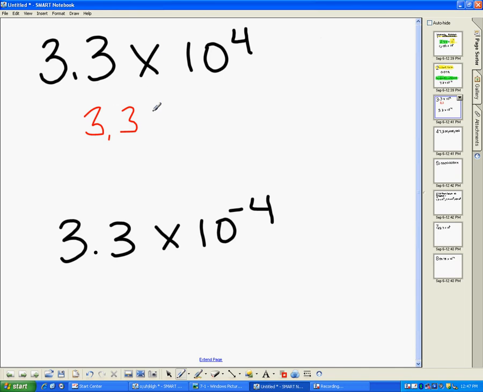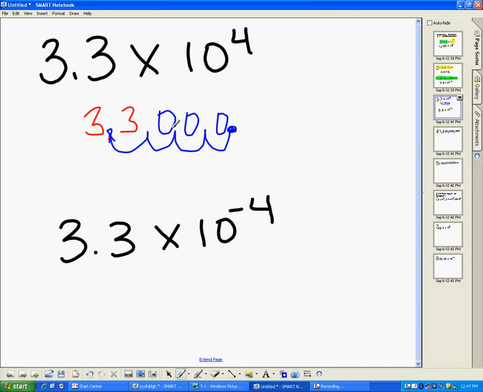So 3.3 times 10 to the power of 4, that 4 tells me I'm going to move this decimal place 4 places, and because it's positive, to the right. So the decimal's not going to be here anymore, but I'm going to move it 1, 2, 3, 4 places to the right. The decimal's now down here, and I'm going to fill in the empty places with zeros. Don't put it up at the top.